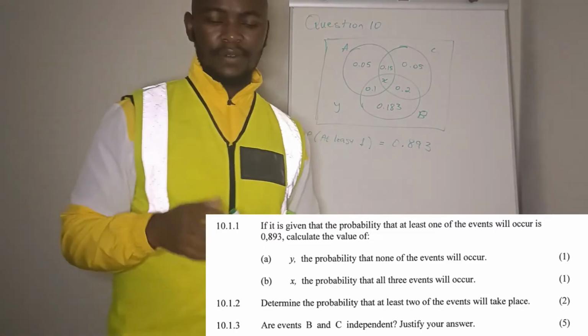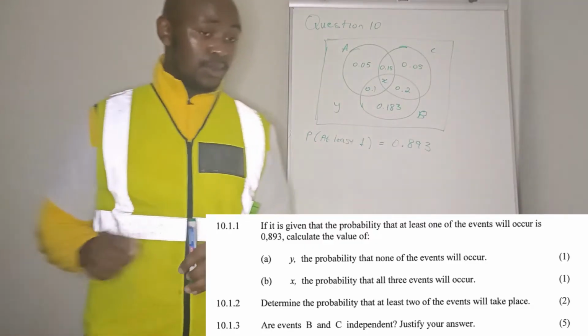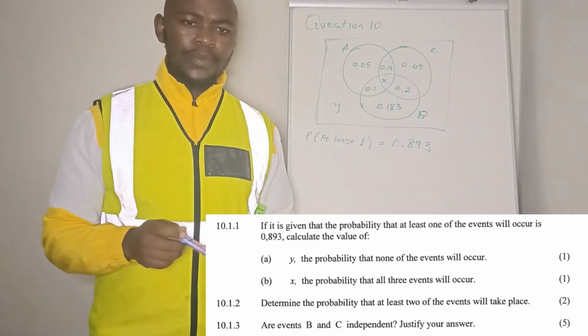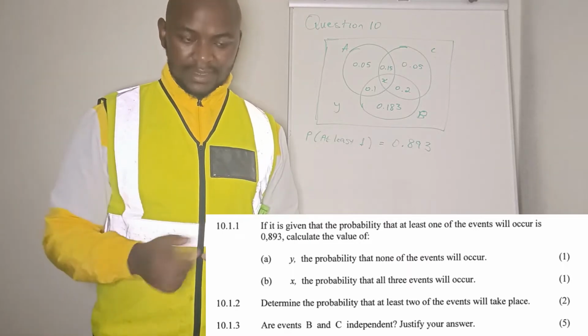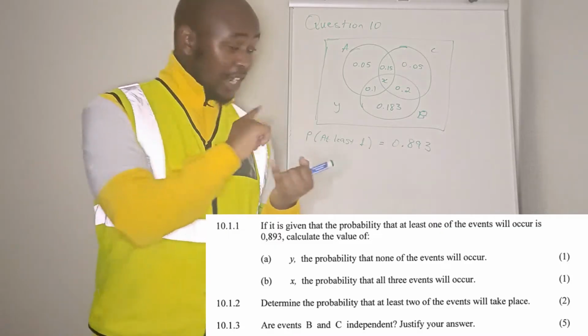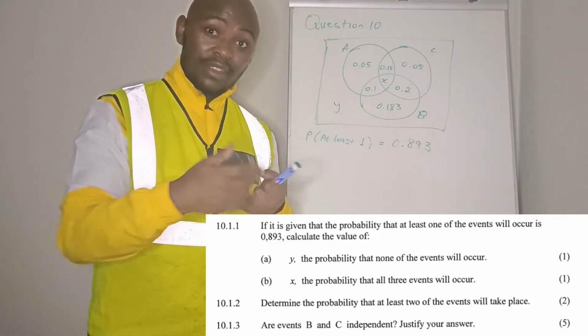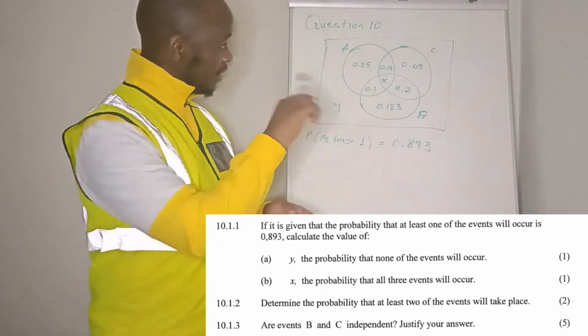Before we dive into the actual questions, I would like to explain what that means. When we say at least, we mean one of them can occur, or two, or three, but there are three events there.